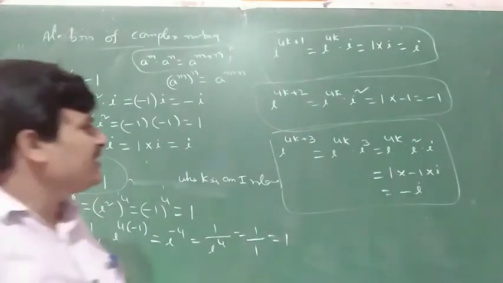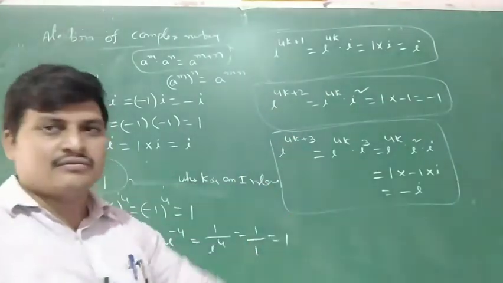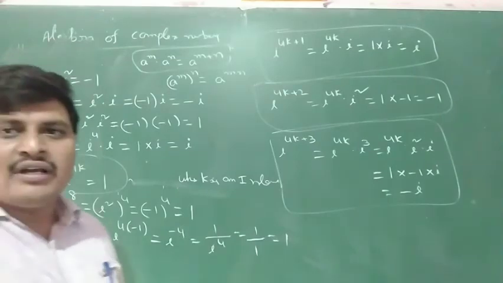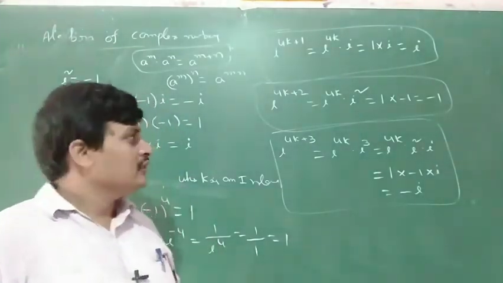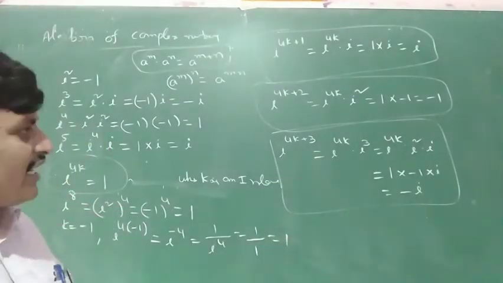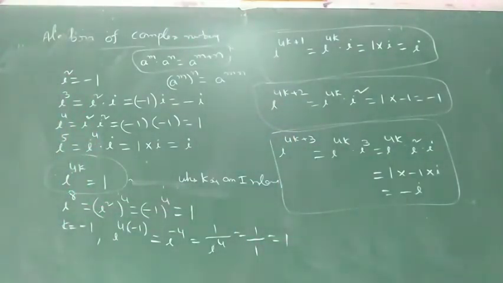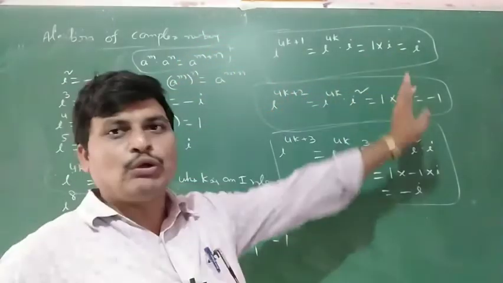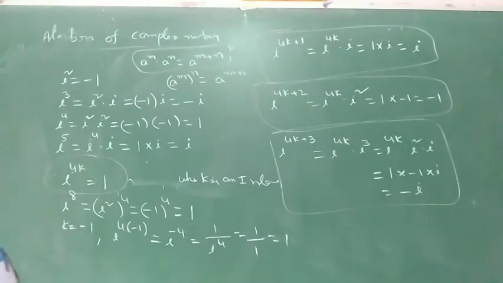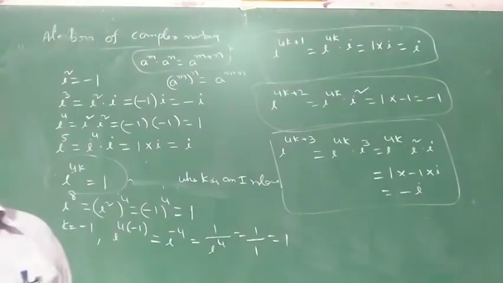We can find any power of i by using these four results. If we have to calculate i power any number, you can calculate by using the four results. i power 4k is equal to 1, i power 4k plus 1 is equal to i, i power 4k plus 2 is equal to minus 1, i power 4k plus 3 is equal to minus i.